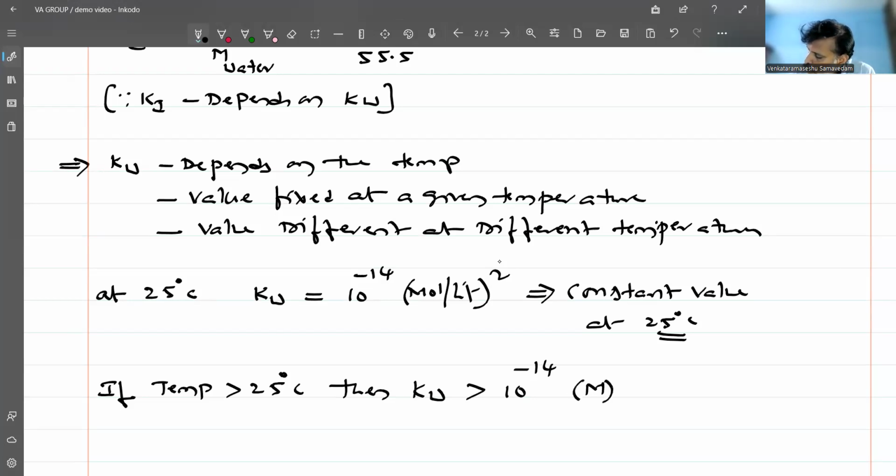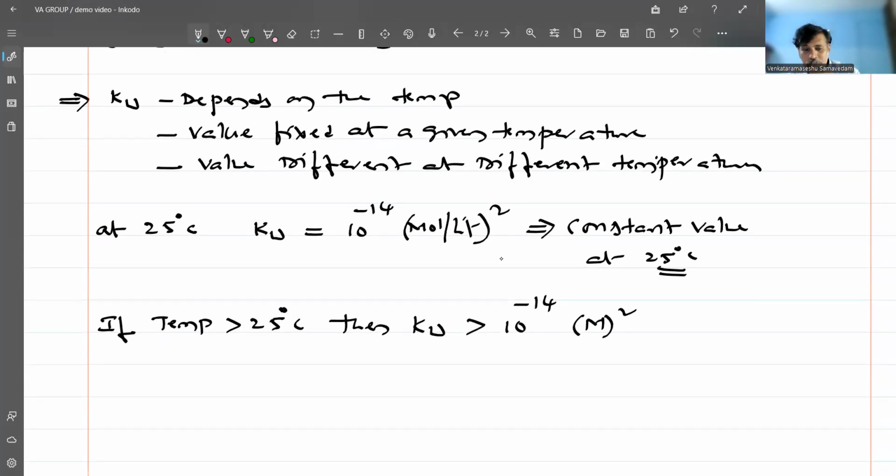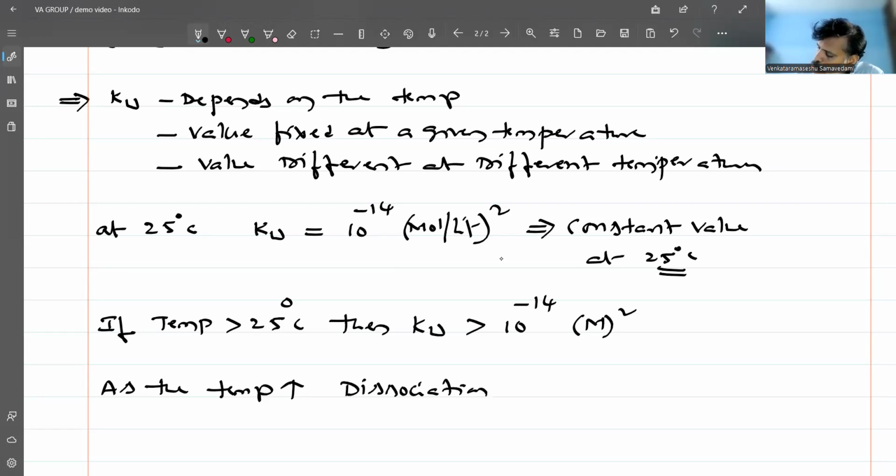I can write molarity whole square also. Why, why is the temperature greater than 25? Nothing but, as the temperature increases, dissociation of water increases.